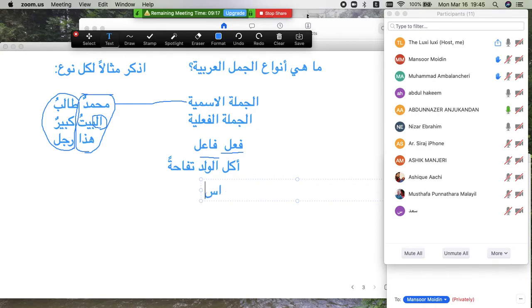The fa'il is an ism. Right, correct. So what's important here? And here we have the maf'ul, that's not important for the moment. This is correct, but that's not what we're looking for at the moment.